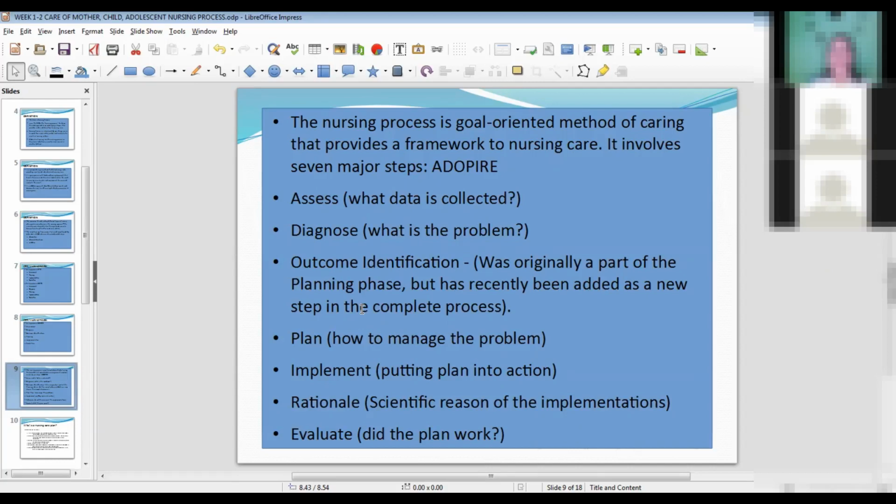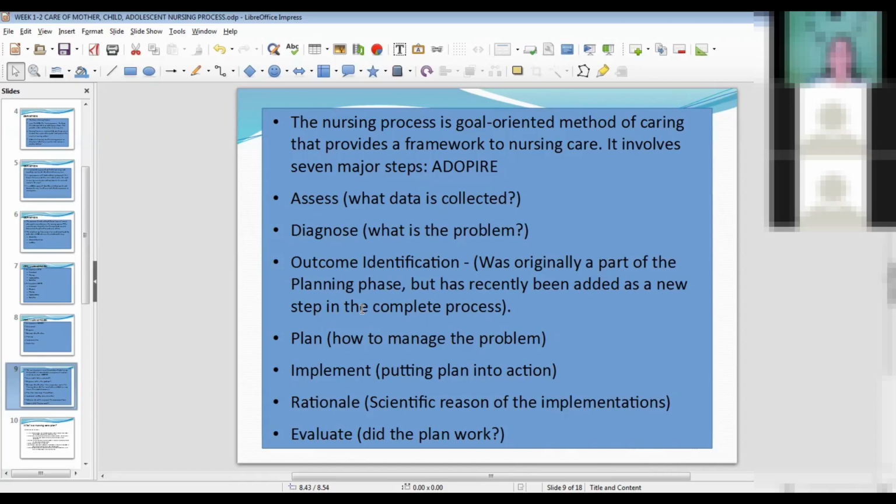The manifestations or presented problems that we can observe. So yun yung objective. So again, subjective is symptom felt by the patient. Objectives are signs that we can observe as healthcare provider. Okay, so yun yun sa atin sa assessment.